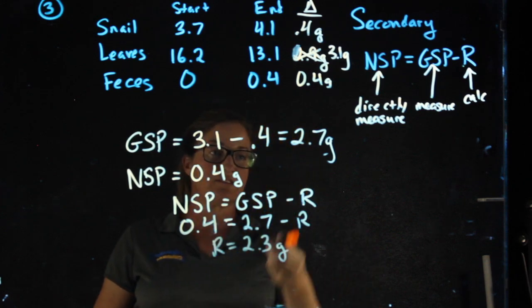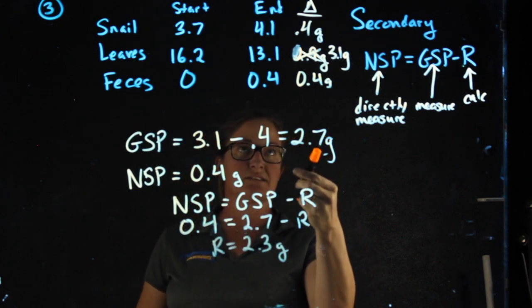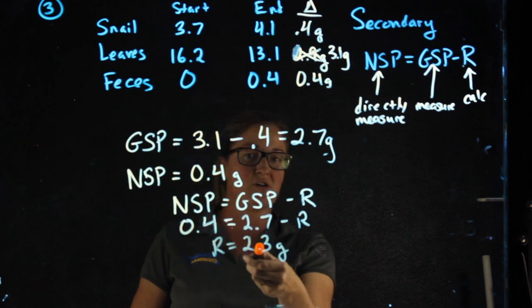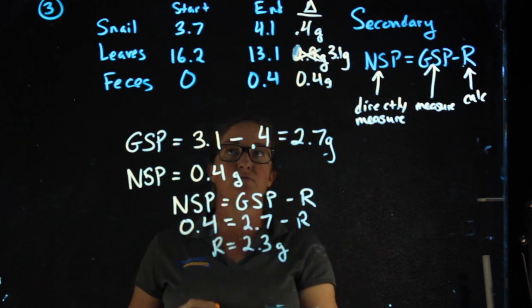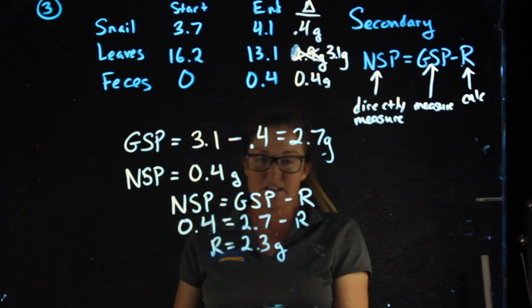Over the course of these 2 weeks, of the 2.7 grams that the snail took in, 2.3 of them were burned off as energy, and the other 0.4 were incorporated into the snail's body.